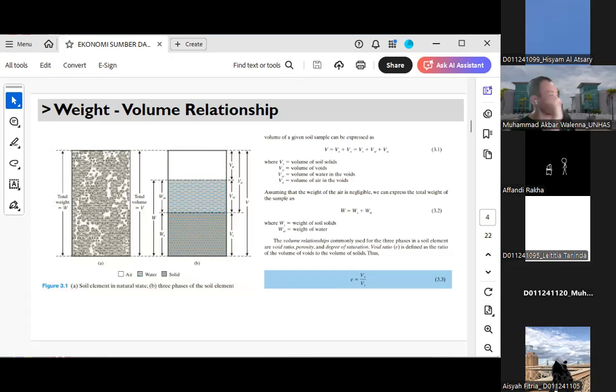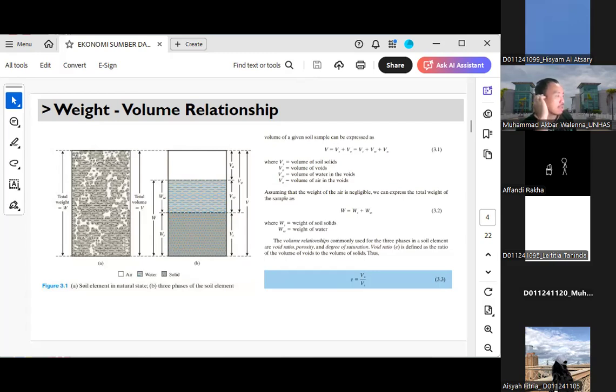To represent this mathematically, we can write void ratio equals the volume of voids divided by, or being compared with, the volume of solids.